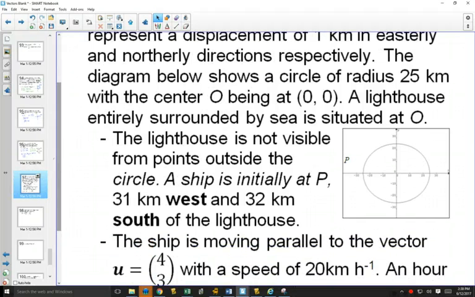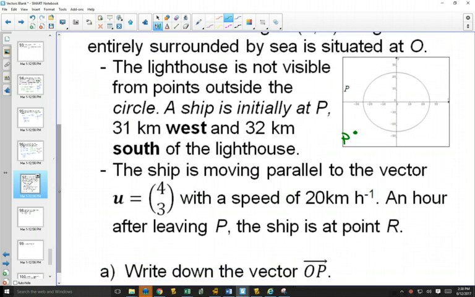There is a ship initially at P, 31 kilometers to the west, so that would be about there, and 32 kilometers south of the lighthouse. And the ship is moving parallel to the vector 4, 3, so it's going over 4, up 3, over 4, up 3, at a speed of 20 kilometers per hour.